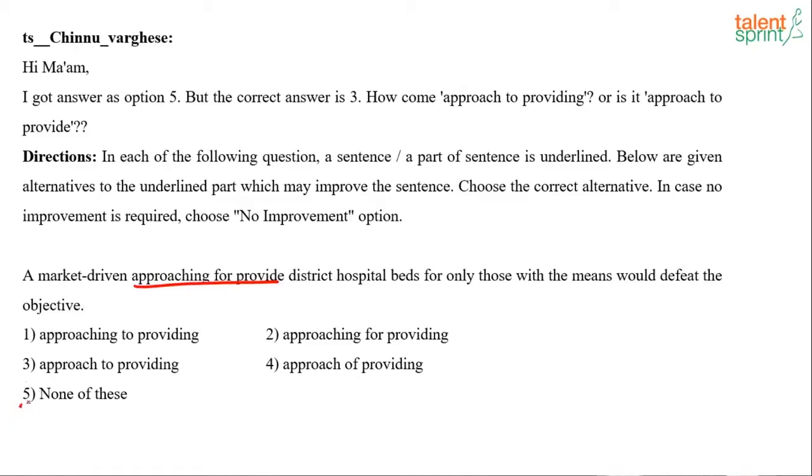Okay, now what are we talking about? We are talking about an approach. And what approach are we talking about? The approach is market driven approach. And what is this approach to? This is approach to what?